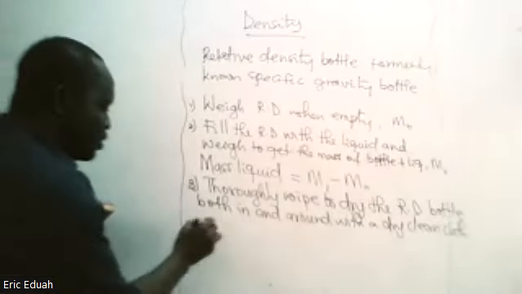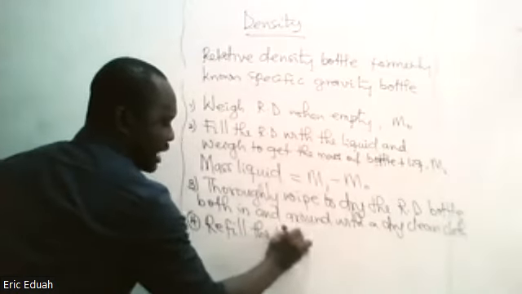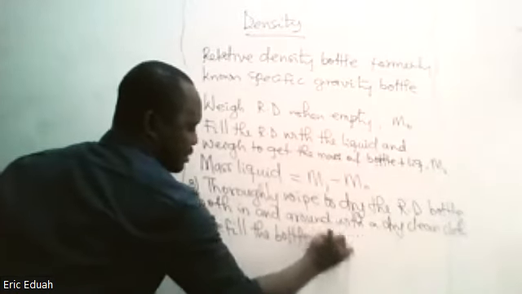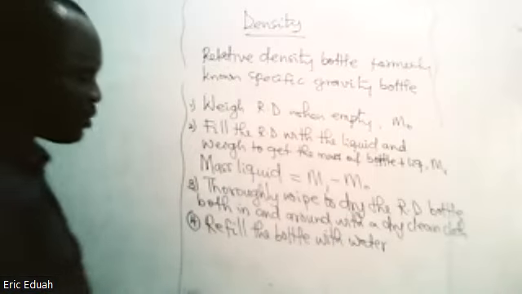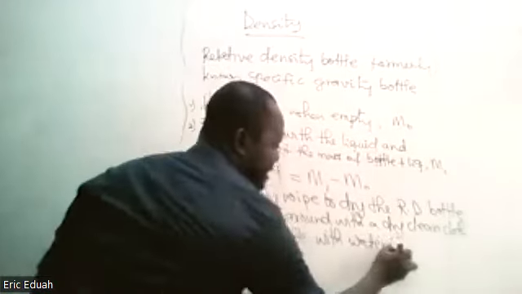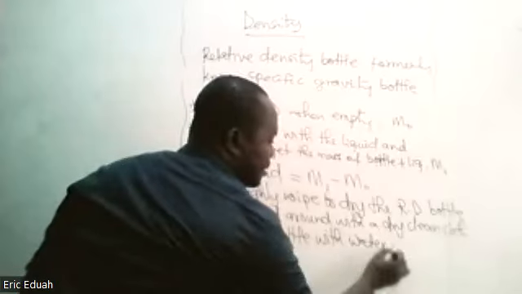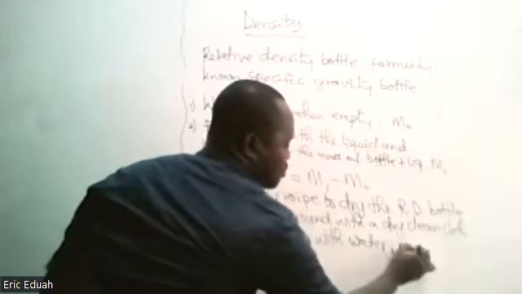Then you refill the bottle with water. Okay, you refill the bottle after cleaning the bottle both in and out. You refill it with water, and then denote this mass by M2.